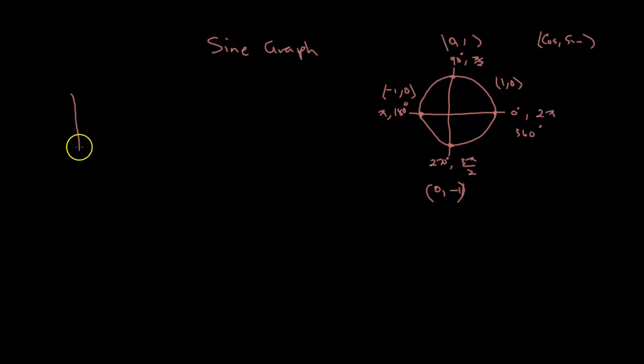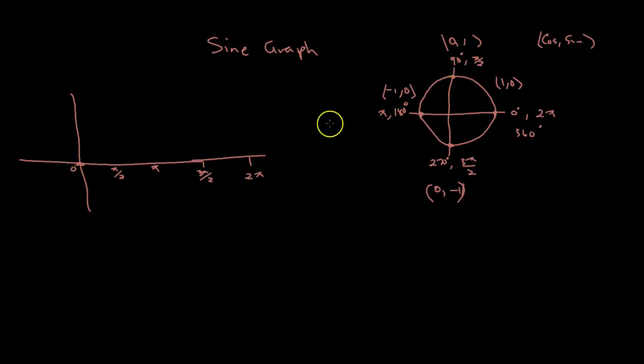So if we want to focus on the sine graph, here's what we're going to do. We're going to draw our axis here, and we're just going to go from the first quadrant and go around. So let's have 0, and then we have pi over 2, pi, then 3 pi over 2, and then 2 pi. Here our sine at the beginning is 0, so we're going to start over here at 0.